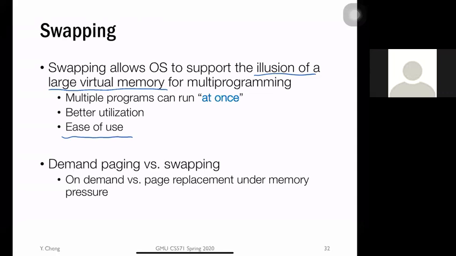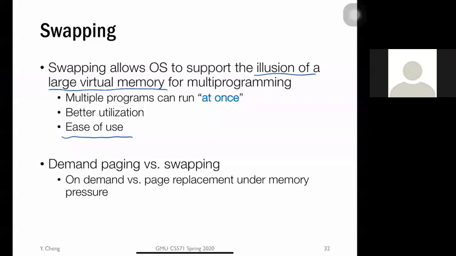So the fundamental difference between demand paging versus swapping is, demand paging is whenever you need the data, you fetch it in an on-demand fashion. Whereas swapping is whenever there's a memory pressure, you need to swap something out.